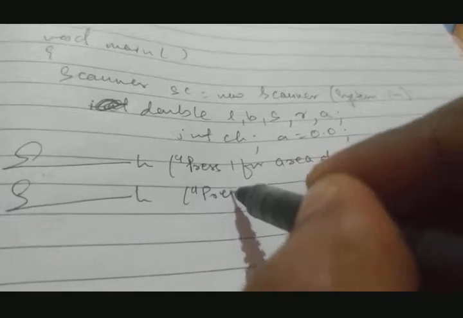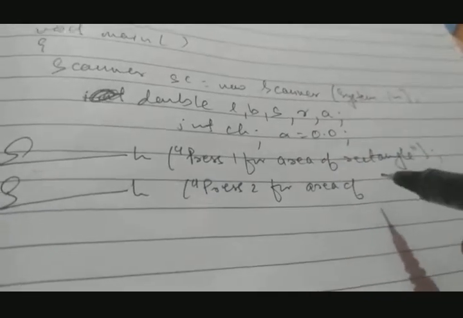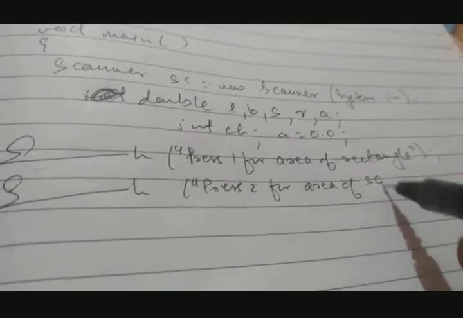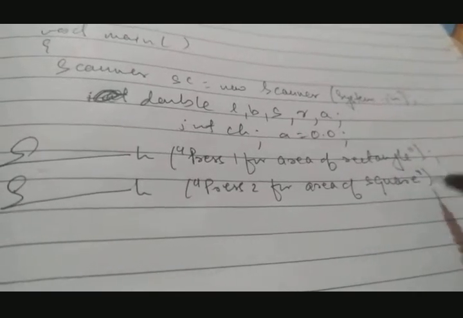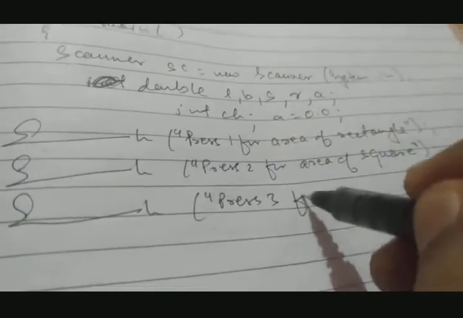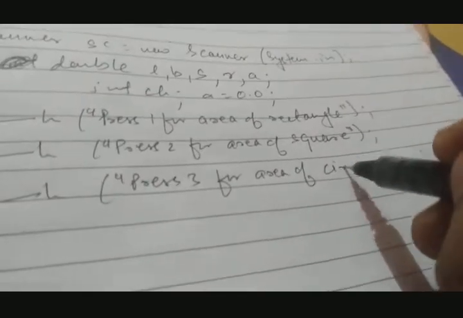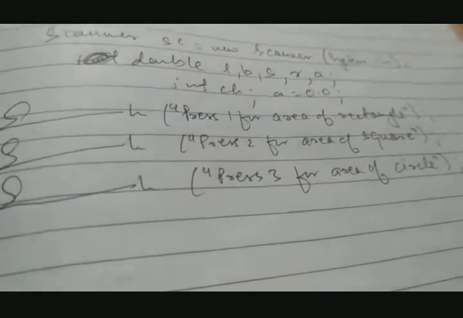Press 2 for area of square. So plan. Press 3 for area of circle. This is the menu ready.